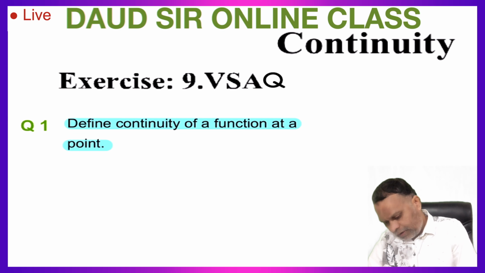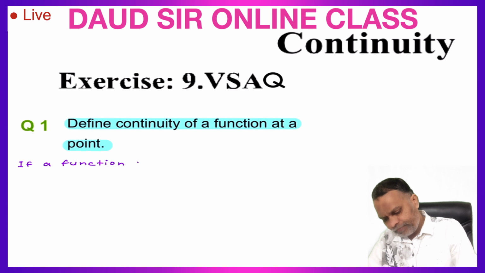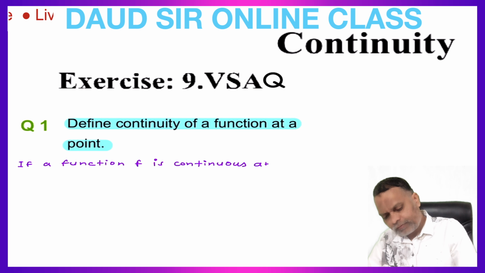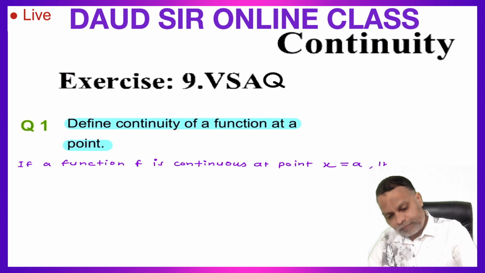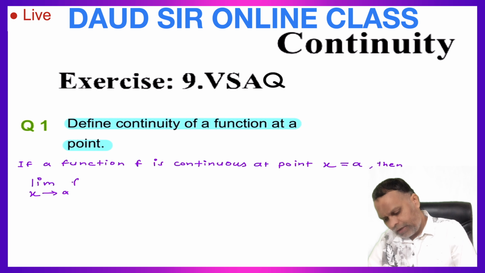So, if a function f is continuous at point x is equal to a, then the limit of this function at this point, limit x tends to a, f of x is equal to the value of the function at this point.